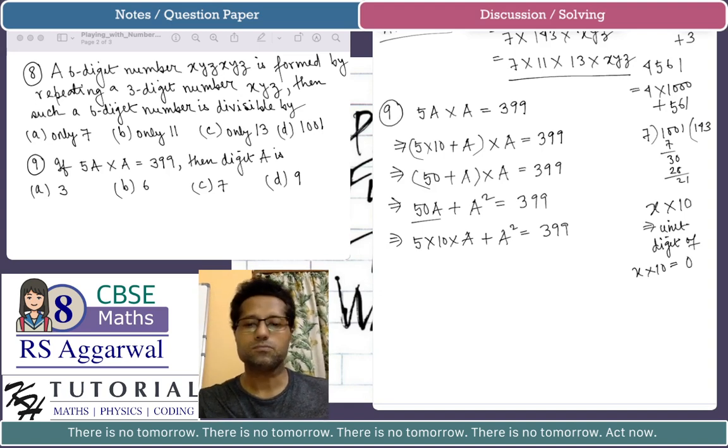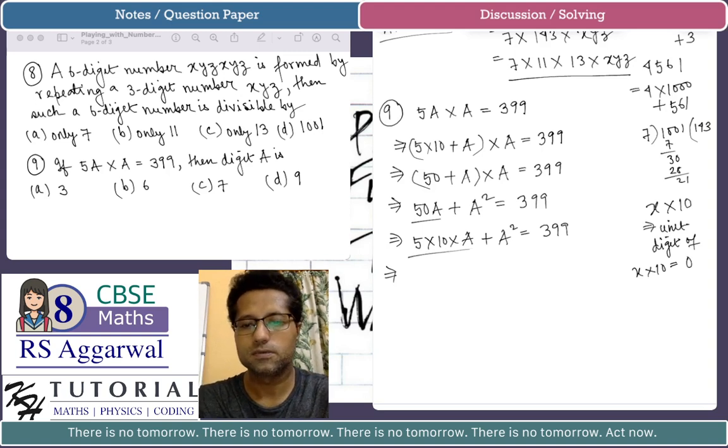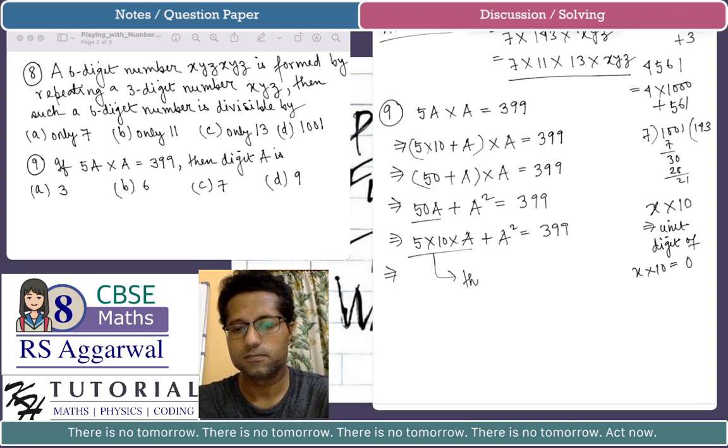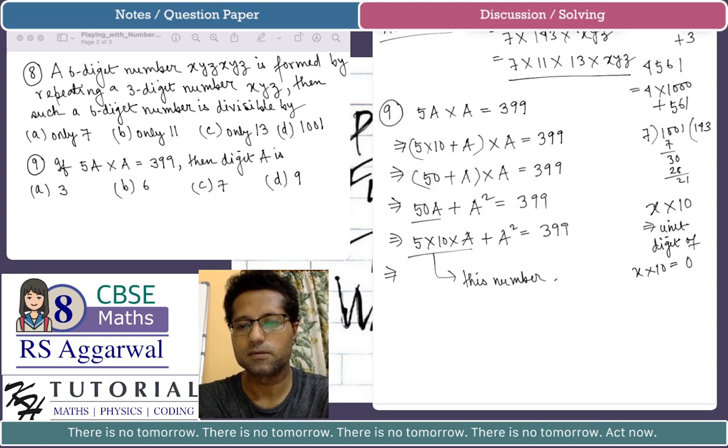So this number has digit 0 at units place.